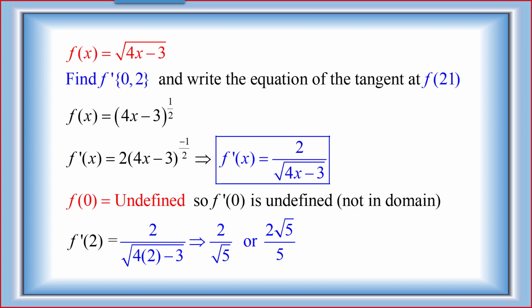So 4x minus 3 to the power of half, and if I find the derivative, you can see it is 2 over the square root of 4x minus 3. That's my derivative, and we can obviously go and check that on the CAS. Because the function does not exist at 0, the derivative also will not be defined.